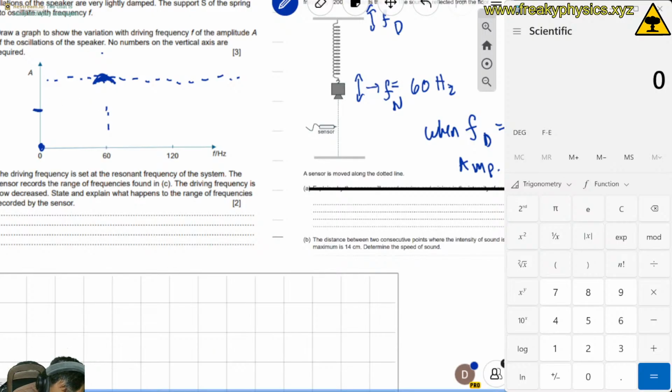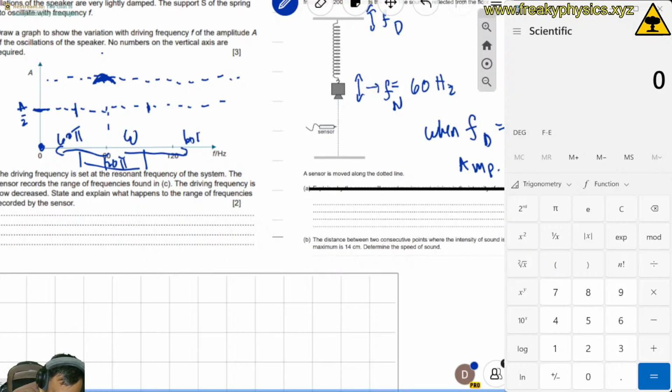Okay, and we're going to mark an A over 2 spot here. Now, the idea here is that when you get to this particular point, this length should be equal to your angular frequency. So from 60 to here should be 60 pi, and then from here to here should also be 60 pi.